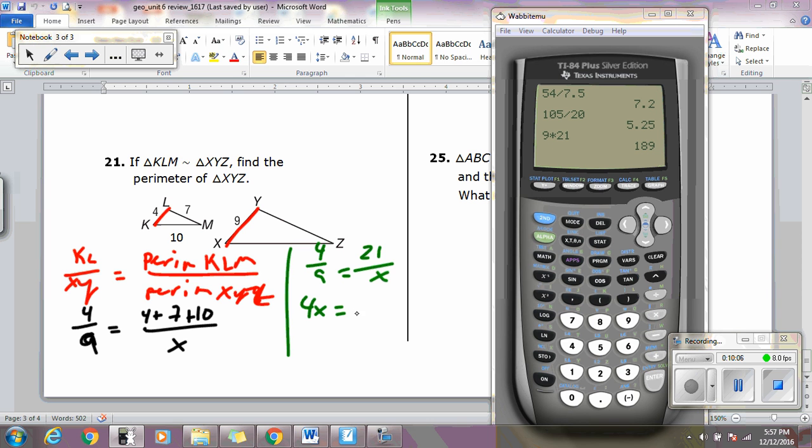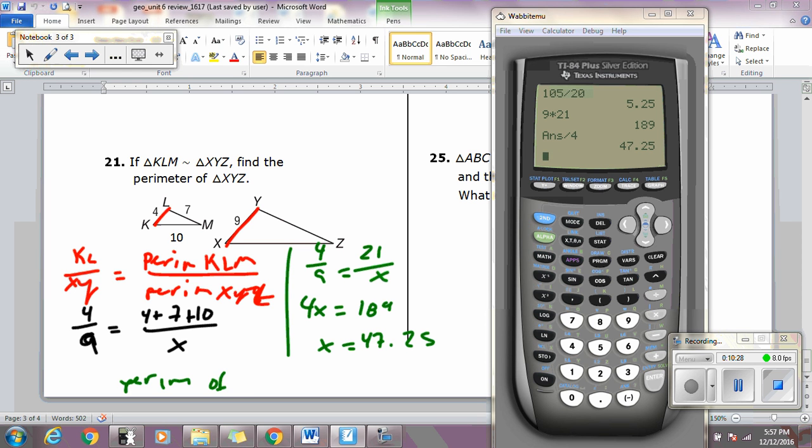Did that one right. It's been a minute. And divide by 4. So 47.25. So in other words, the perimeter of XYZ will equal 47.25.